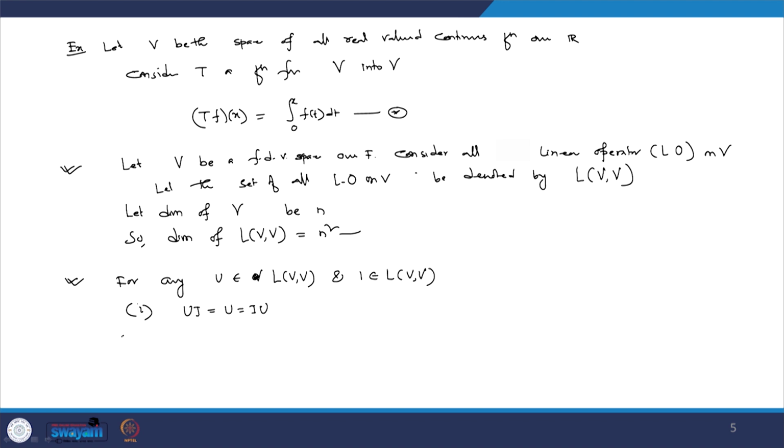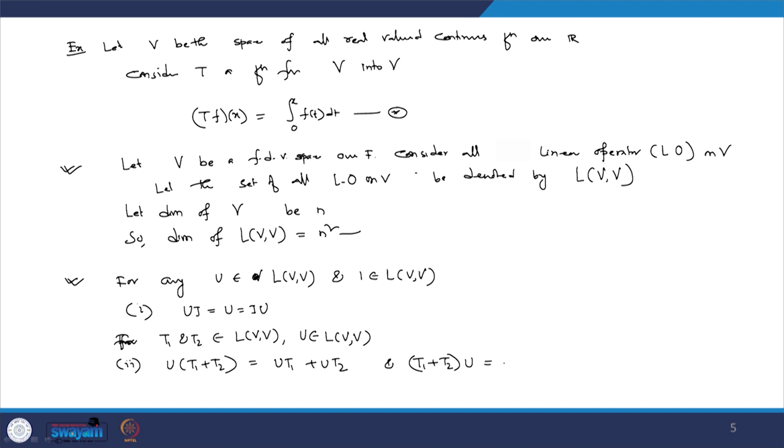Second, for T1 and T2 belonging to L(V,V), and U belonging to L(V,V), we have U times (T1 plus T2) equal to UT1 plus UT2. Also, (T1 plus T2) into U equal to T1U plus T2U.